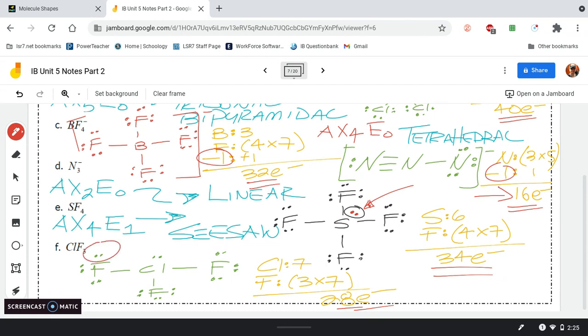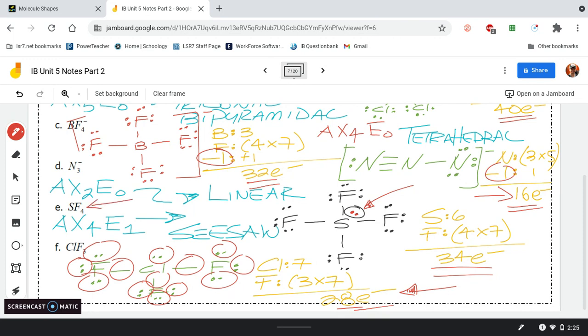What do we got here? 2, 4, 6, 8, 10, 12, 14, 16, 18, 20, 22, 24, 26. Well, wait a minute. We need 28, right? And we have only 26. So this is the same situation as we had here on E, where we don't have enough. So we're going to have to add some.